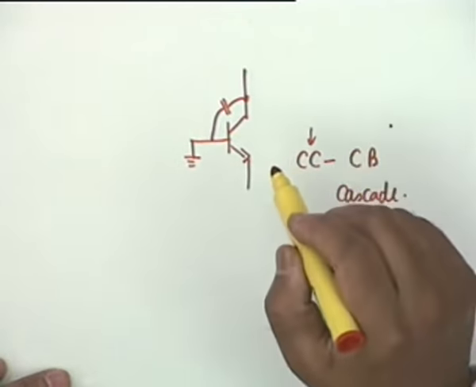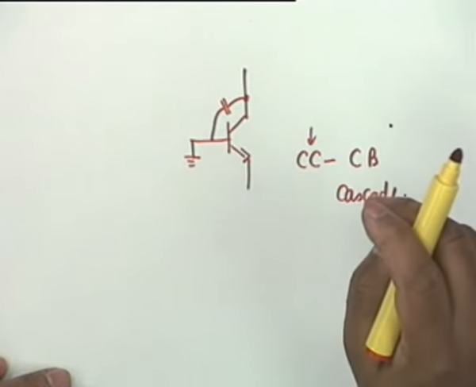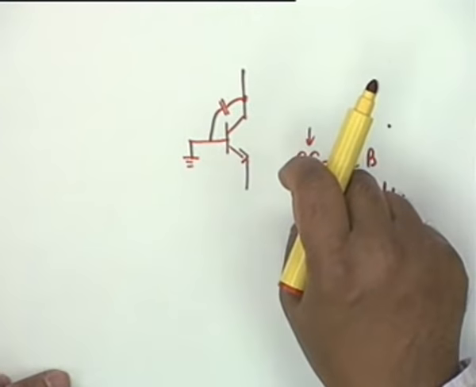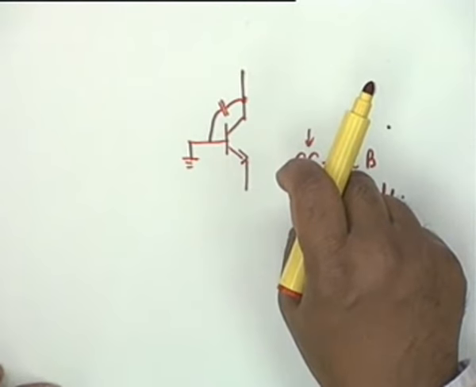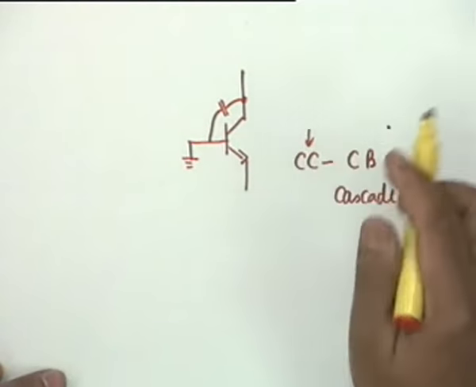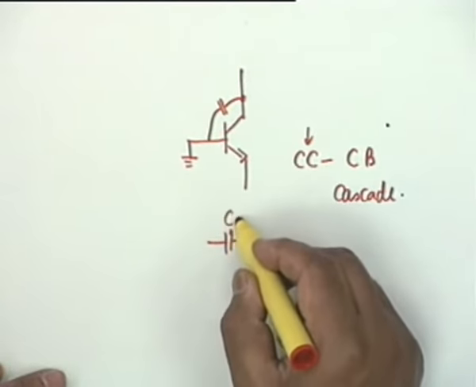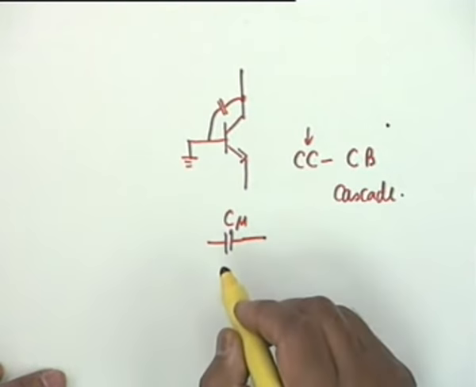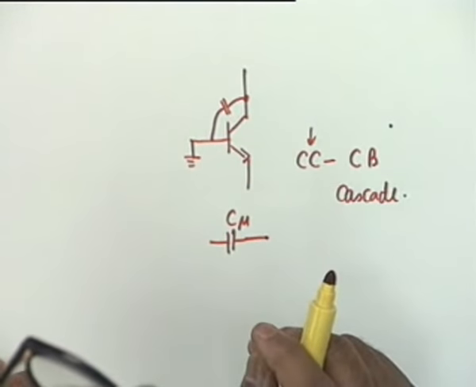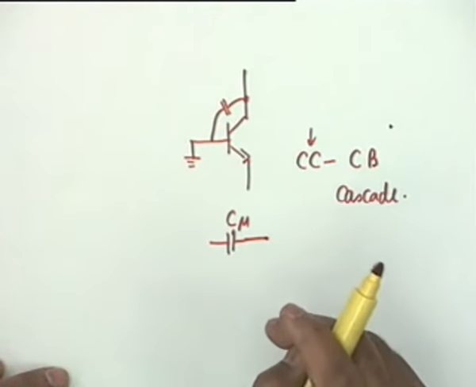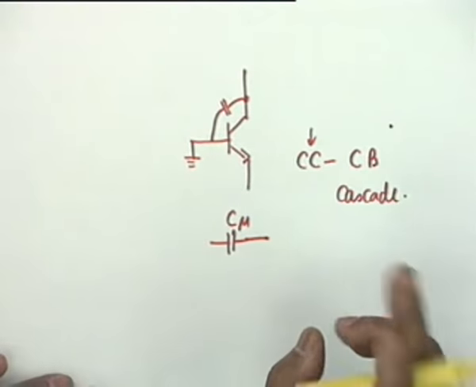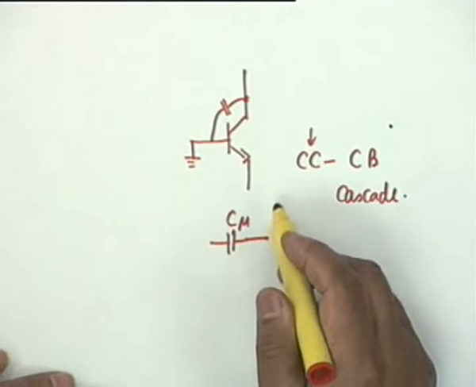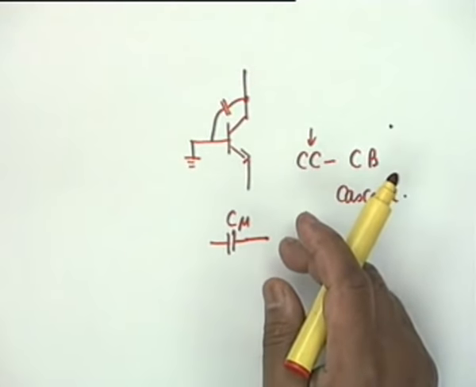Why a CC? What is the Miller effect in a CC? Okay, C mu. What is the load in a common collector? 0, and therefore 1 plus GMRL is 1, and therefore C mu reflects as only C mu.